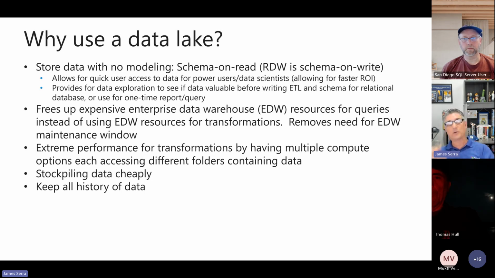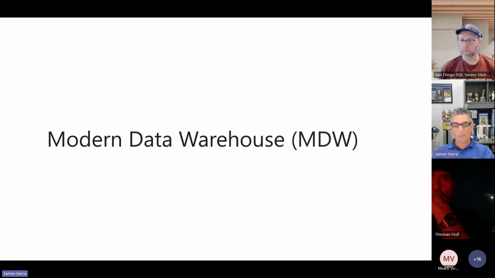Relational data warehouses generally have certain tiers that allow you to store a lot of data, but there's going to be some limit. In a data lake in the cloud, there is no limit. You can store as many petabytes of data as you want. So those are two quick reasons for a data lake alongside a relational data warehouse.